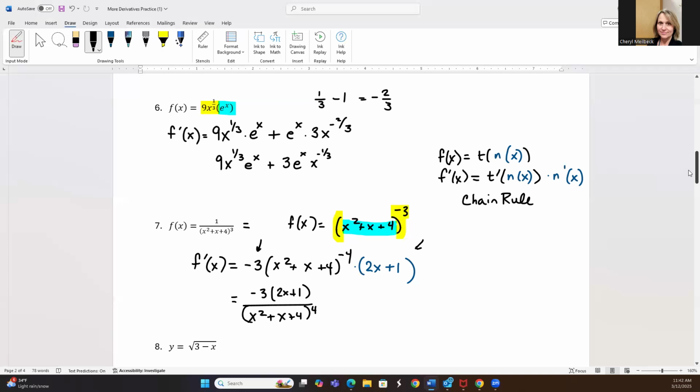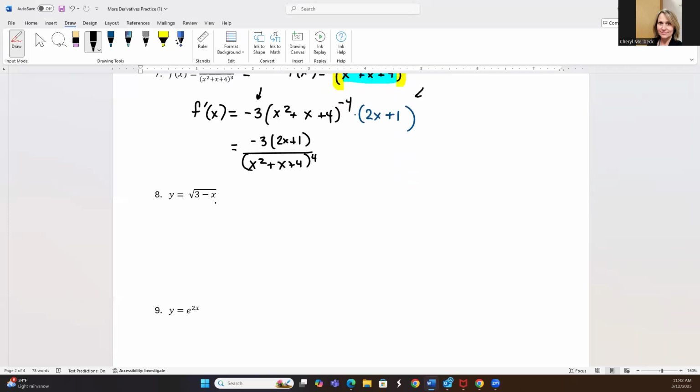Let's go on to problem number 8. In problem number 8, once again, we have the chain rule, but we want to rewrite the equation to make it convenient to use. So we're going to rewrite this as y is 3 minus x, and we're going to call it to the 1/2 power.